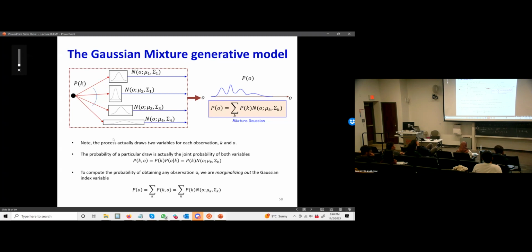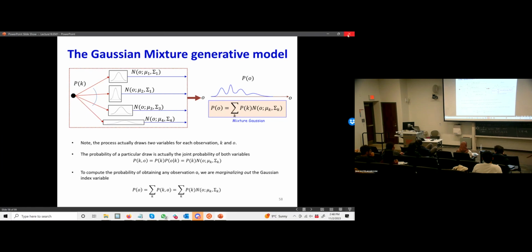So you're going to have K comma O, right? And the probability of that particular sequence is the probability of choosing the Gaussian and the probability of that Gaussian generating the number O, the observation that you just did. And of course, the probability for any individual outcome is simply the sum of P of K comma O over all Gaussians.